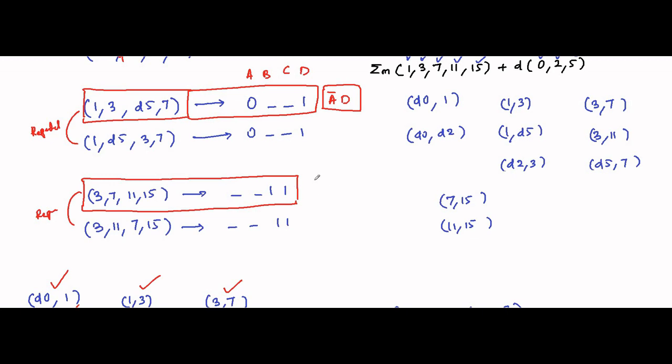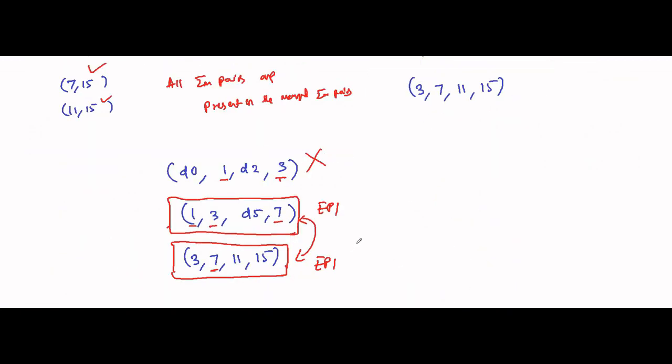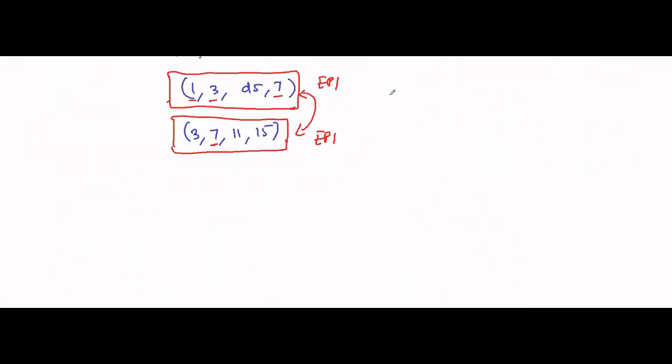A bar D, and this is CD. So the final minimized Boolean expression is A bar D plus CD.